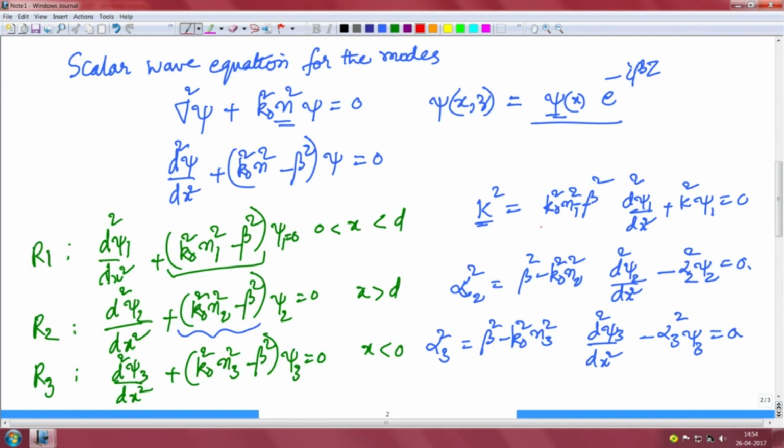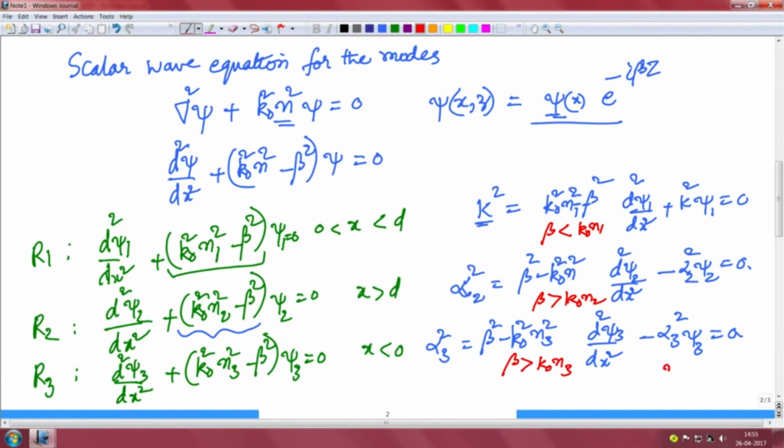This implies beta should be less than k0 n1, and beta should be more than k0 n2, and beta should be more than k0 n3.